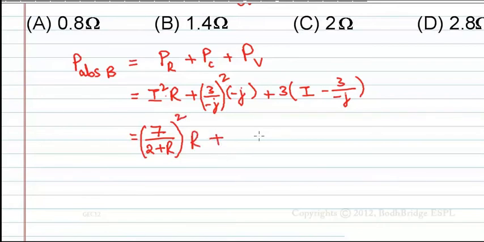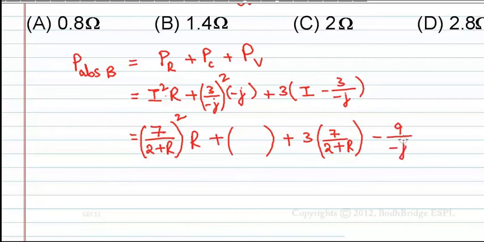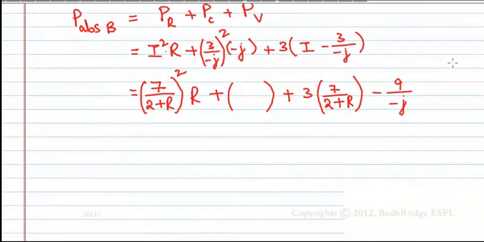And this is some constant. Plus constant terms I am leaving, why we will understand. 3 into I is 7 by 2 plus R, minus 9 by minus J, that is also a constant. What is my aim?